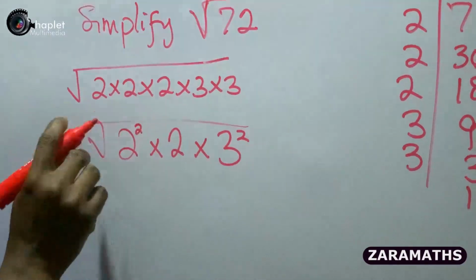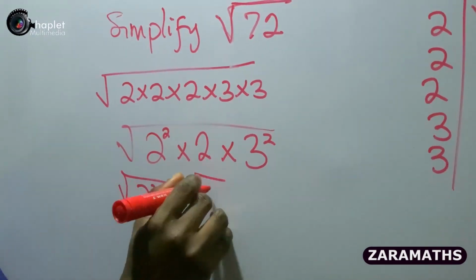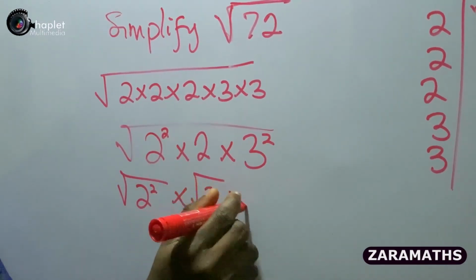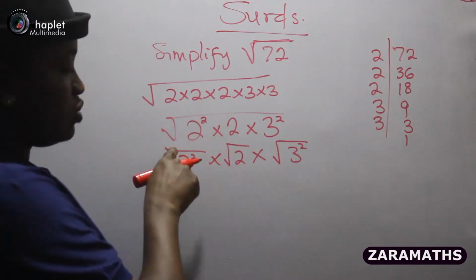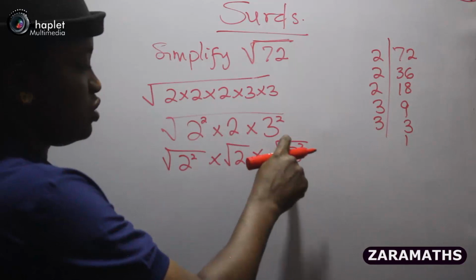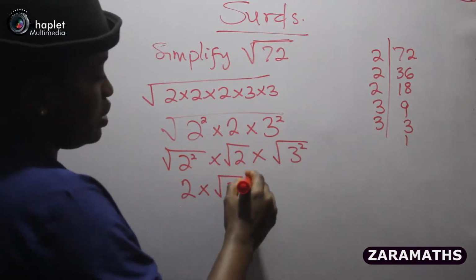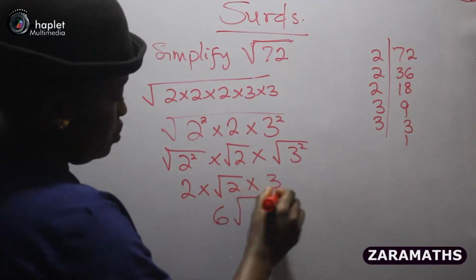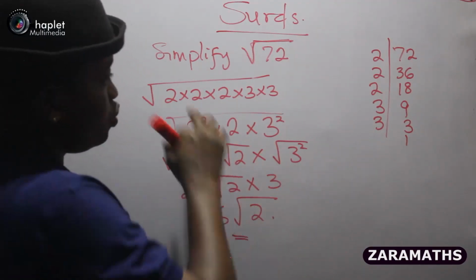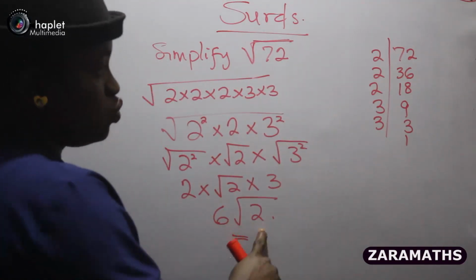So now, we have the square root of 2 squared, times square root of 2, times square root of 3 squared. This square, we cancel out with the square root. This square, we cancel out with the square root. We are left with 2 times root 2 times 3. 2 times 3 is 6 root 2. So to simplify the square root of 72, we have 6 root 2.